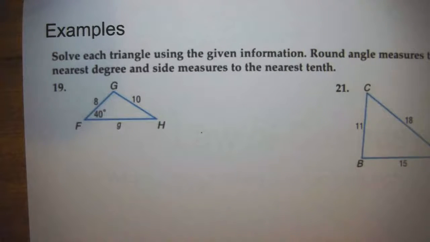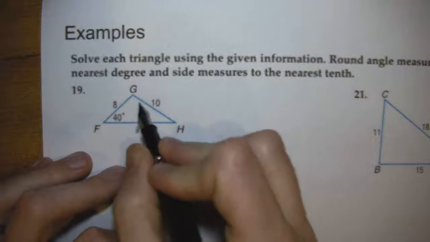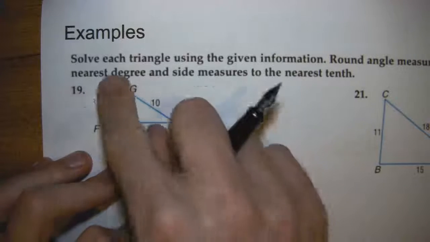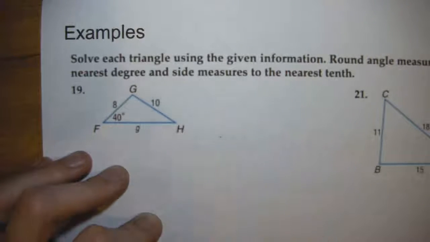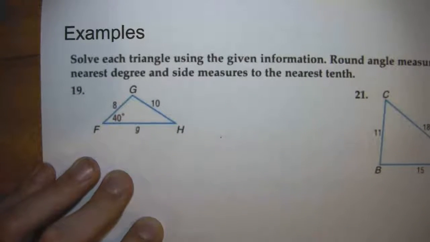So notice, for problem 19, it appears at first that I don't have enough information. However, notice what I could do. I'm asked to find g in this case. Well, actually, I'm asked to solve the triangle, but g is given to me as a variable there. It would appear that maybe I don't have enough information to do what I need to do.